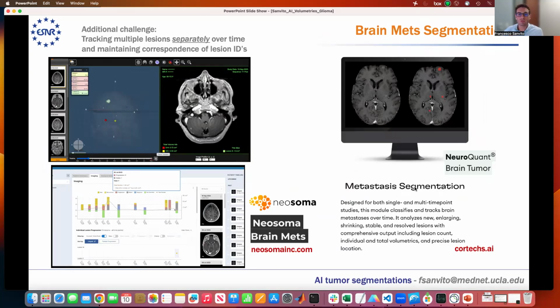One special mention to brain mets segmentations because they add 1 layer of extra complexity. In brain metastases, there are usually multiple metastases, and the complexity is that the automated algorithm should also account for multiple time points and try to link the same metastasis over different time points to track, for instance, graphs of volume changes of each metastasis over time.